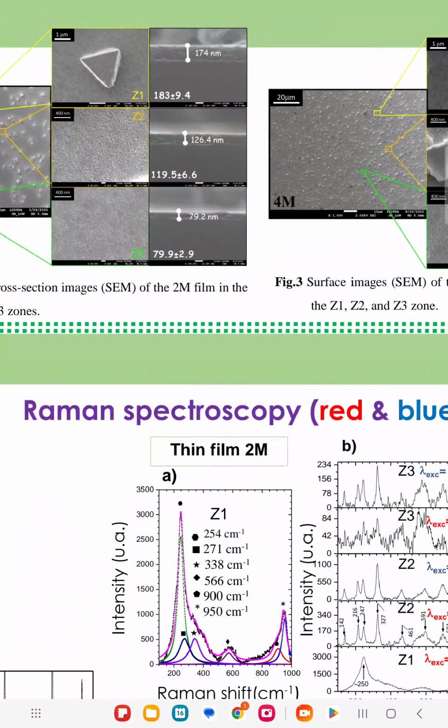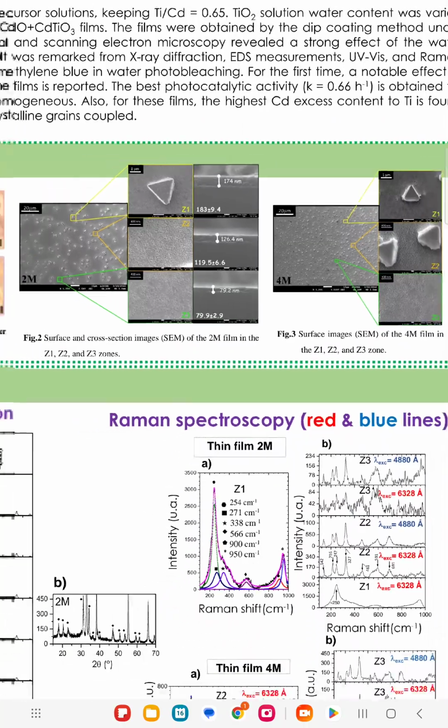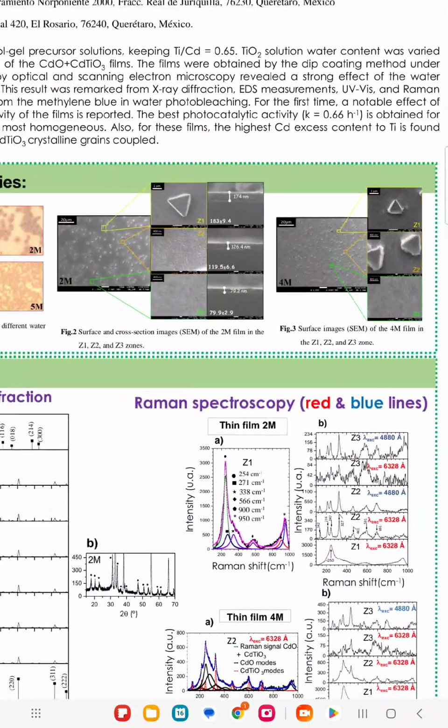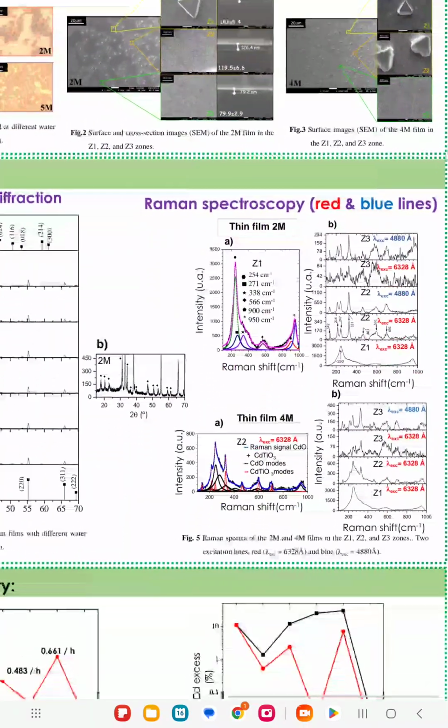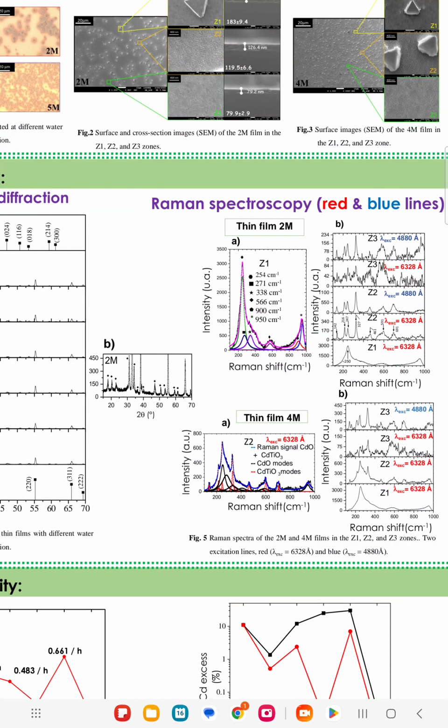So that's the reason we had to use a more energetic line to see clearly the presence of cadmium titanate.